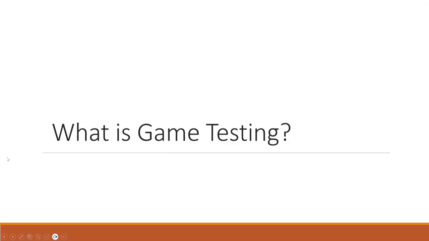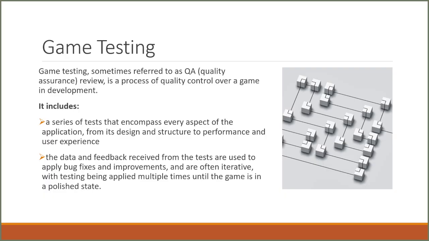All right. So now let's move on to game testing. Now we talked about data collection, which you use many of when it comes to game testing. So game testing, often referred to as quality assurance, has the purpose of playing a video game to find and document bugs or any glitches to ensure the game is fun, functional, and balanced before it reaches the public.